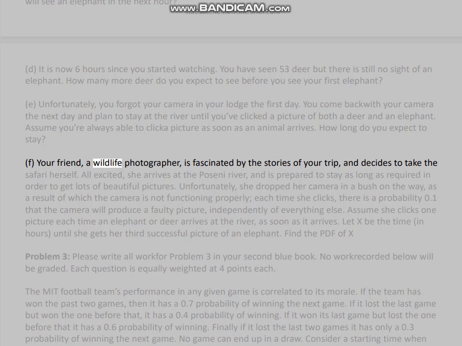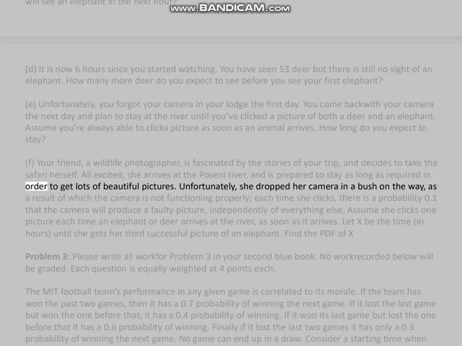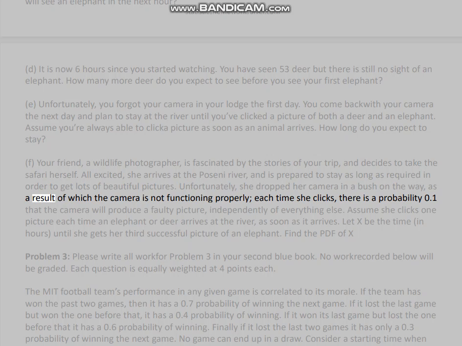F. Your friend, a wildlife photographer, is fascinated by the stories of your trip and decides to take the safari herself. All excited, she arrives at the Posini River and is prepared to stay as long as required in order to get lots of beautiful pictures. Unfortunately, she dropped her camera in a bush on the way, as a result of which the camera is not functioning properly.